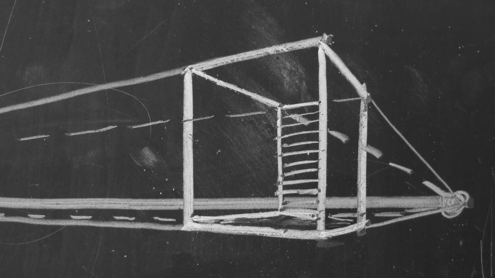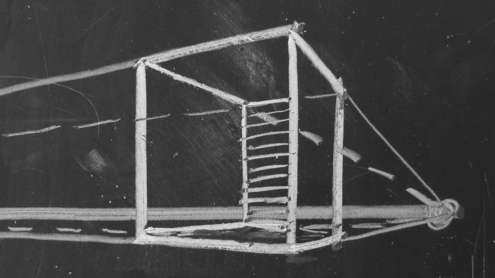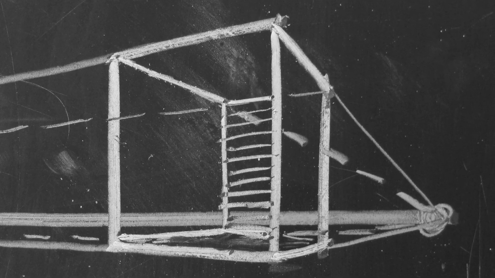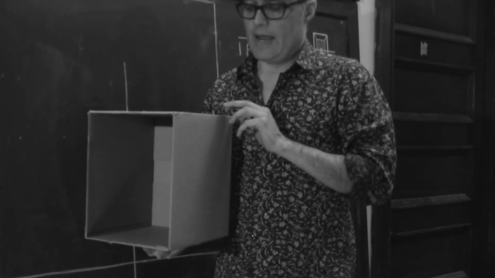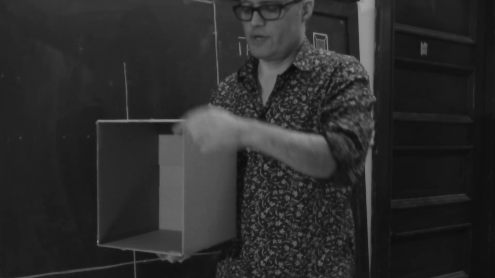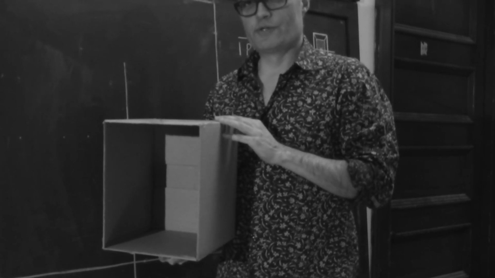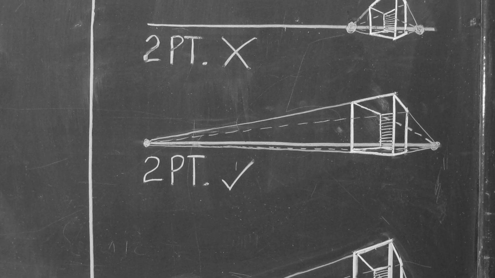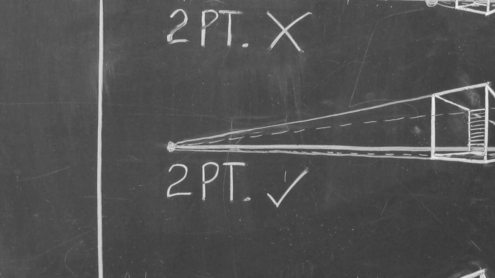If they are extended, they're still going to converge ultimately at a vanishing point. But this vanishing point now is pushed off to the right. And as I rotated the box, the family of lines that were once horizontal are now directing themselves towards their own vanishing point off to the left. So that's a perfect setup for two-point perspective.